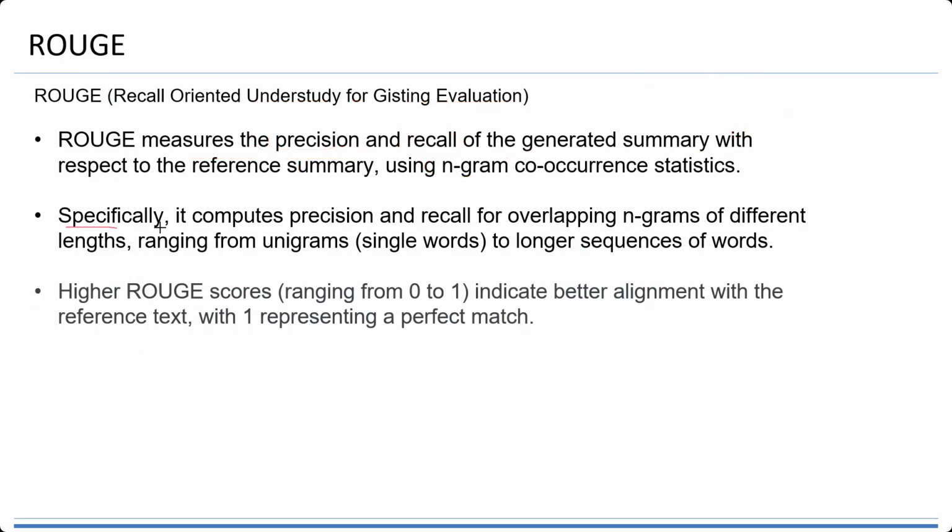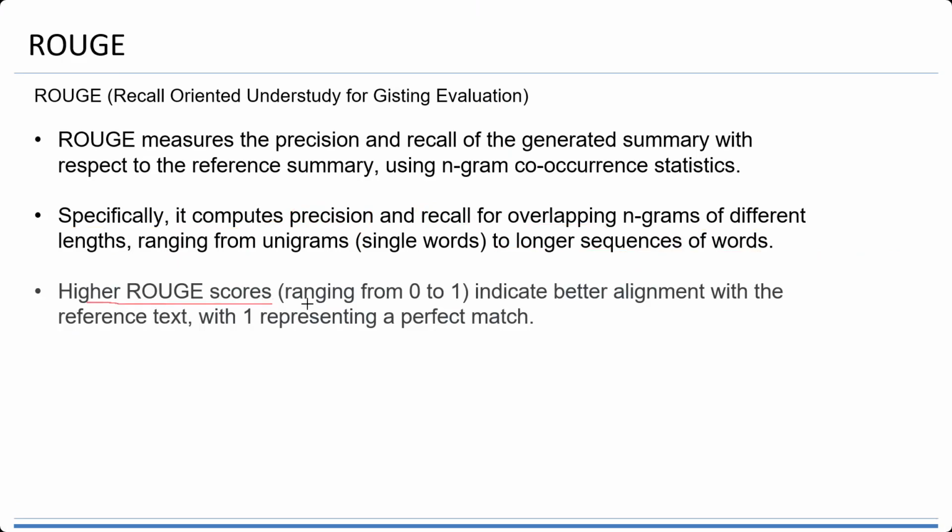In ROUGE, specifically, it computes the precision and recall for the overlapping n-grams of different lengths, ranging from unigram, single words, to the longer subsequences of words. The longer subsequence can be n equals 2, maybe 3, maybe 4, maybe 5. Yeah, it depends on the length of the sentences.